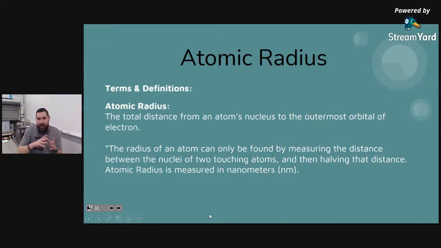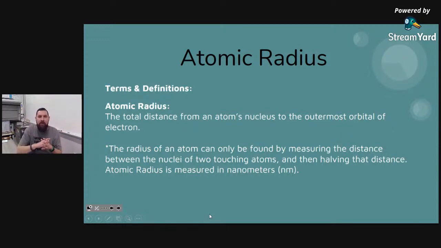In college and in advanced chemistry, AP chemistry, and pre-AP chemistry, you will talk about the quantum mechanical model. But even the quantum mechanical model simplifies down, and we typically talk about it in terms of the Bohr model. So when we see that outermost orbital, it's also okay to talk about it as that outermost ring of electrons.